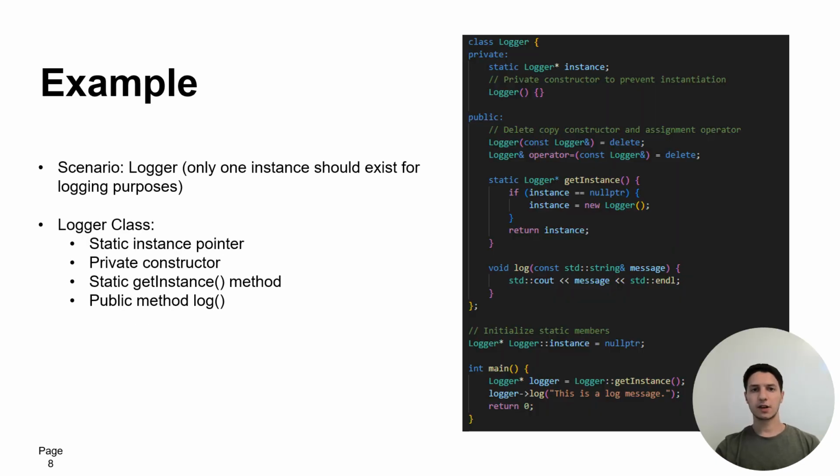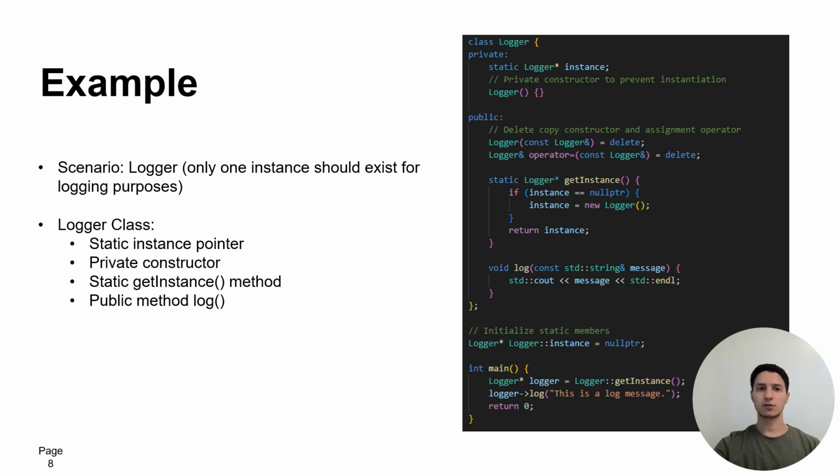So let's take an example to deepen our understanding of the singleton pattern. And I'm sure after this example, we're all going to be able to make our own implementation of the singleton pattern. In this scenario, we have a logger class, and this logger should only have one instance for logging purposes. This is done by four steps. First, we have the static instance that holds the single instance of the class.